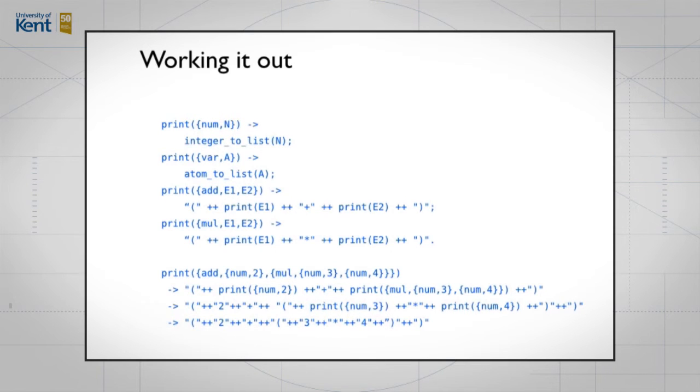So what we have now is a long string joined together with plus plus, which when we join all the pieces together, we have precisely what we would expect. So perhaps no surprises here, but what you're seeing is the fact that you can use these rules in a completely transparent and mechanical way to go from the expression we wanted to evaluate to its result.